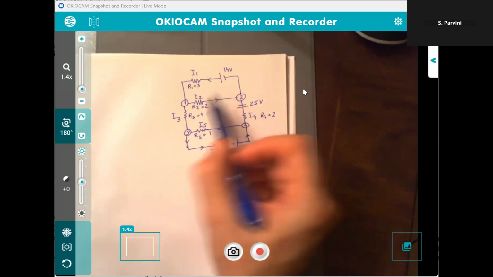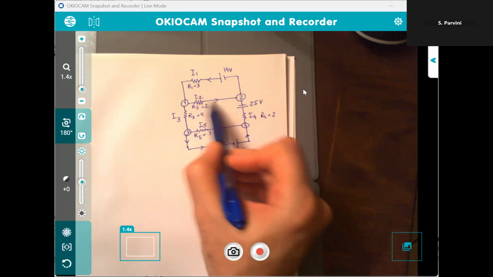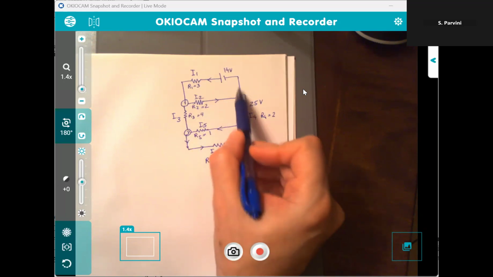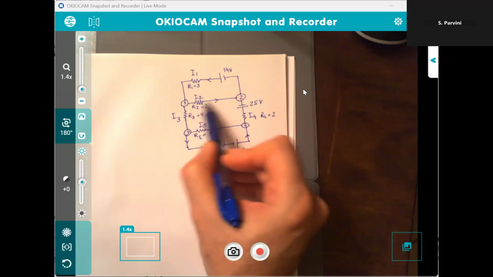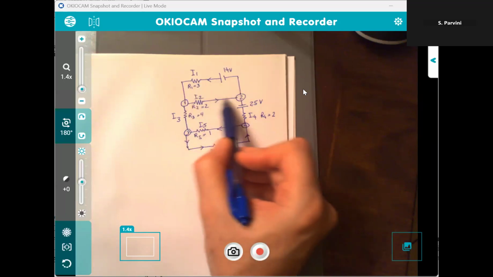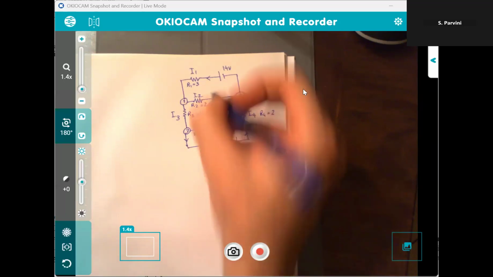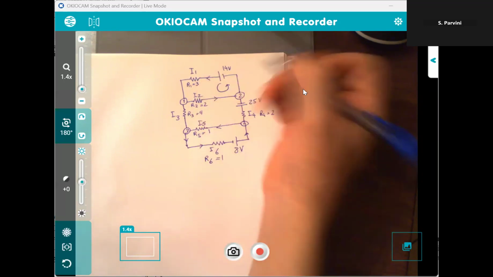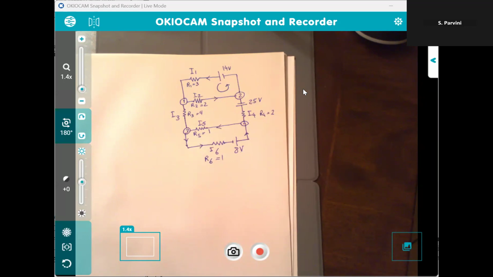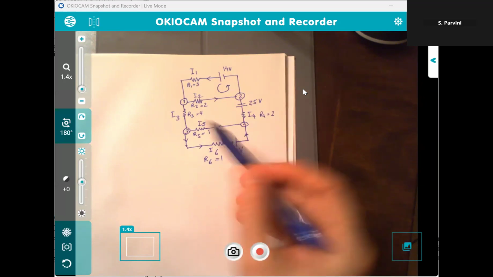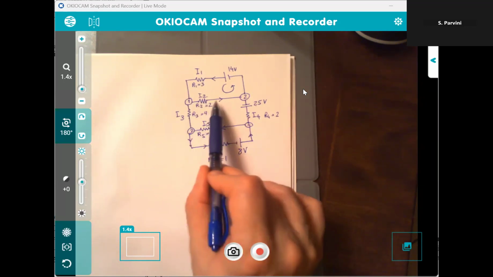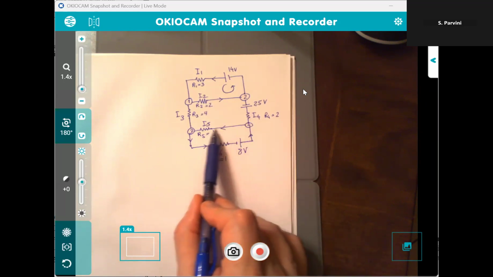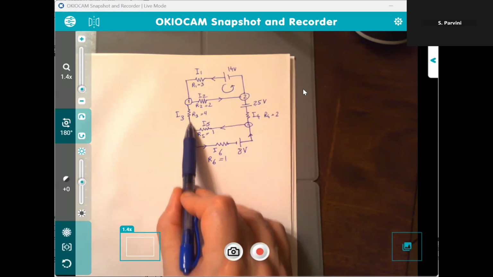Now, I was pointing to the direction of these. Again, the arrow from 1 to 2 goes to the right, wraps up, and completes the circuit, right? It goes like this in a counterclockwise direction. So I'm just going to go like this. That's the flow of the current in the top portion of that network. In the middle, see how it goes to the right, comes through, goes left, comes back up.